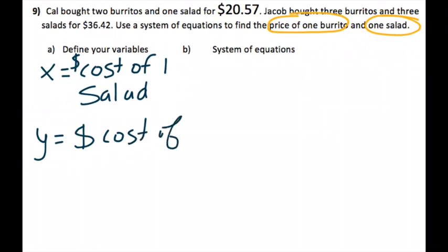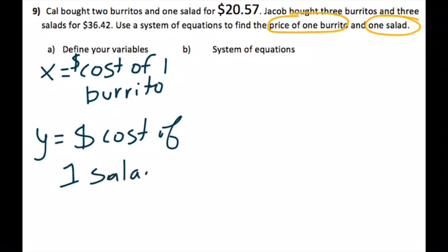We go burritos then salads. So I'm going to go backwards here. So this is going to be the cost of a burrito. And then this is going to be the cost of 1 salad. So x is going to be the cost of 1 burrito, y is going to be the cost of 1 salad.